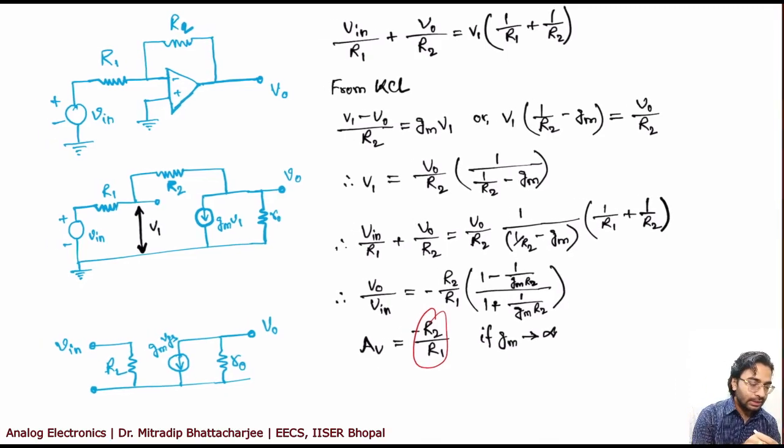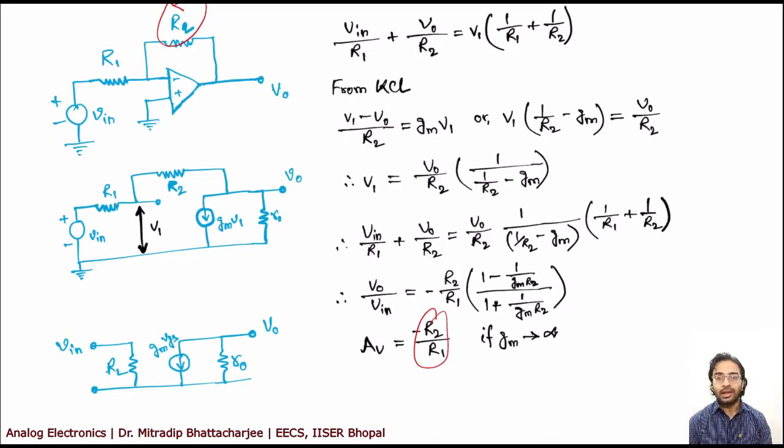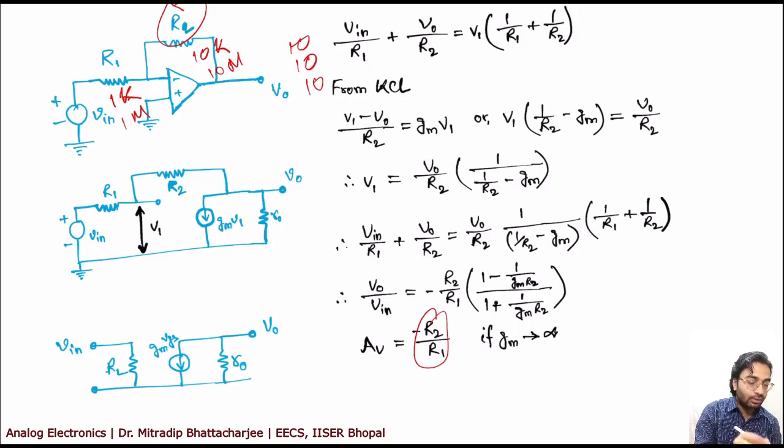If you increase R2, your gain will increase. So it's basically the ratio, right? So you can put here 1 ohm, 10 ohm, it will give you a gain of 10. You put 1k, 10k, also it will provide you a gain of 10. 1k means 1 kilo ohm and 10 kilo ohm. You put 1 mega ohm and 10 mega ohm, this also will give you a gain of 10.